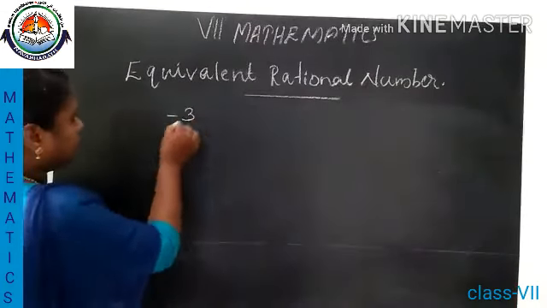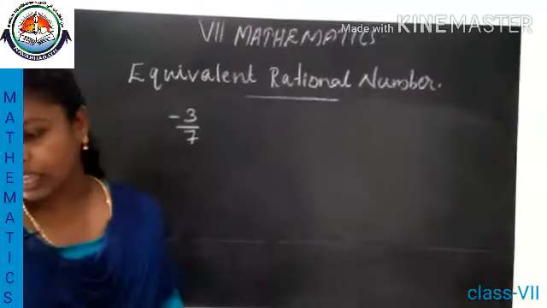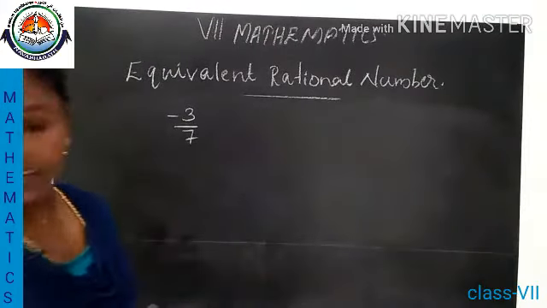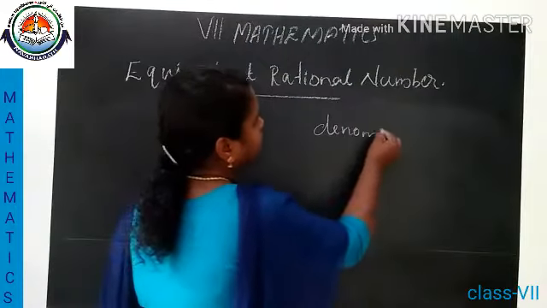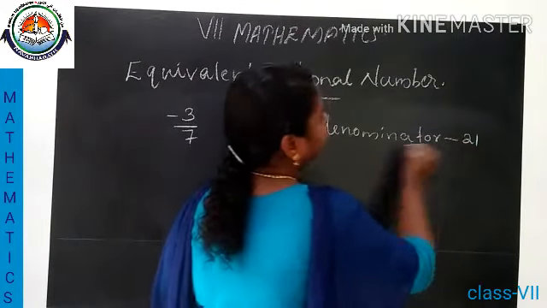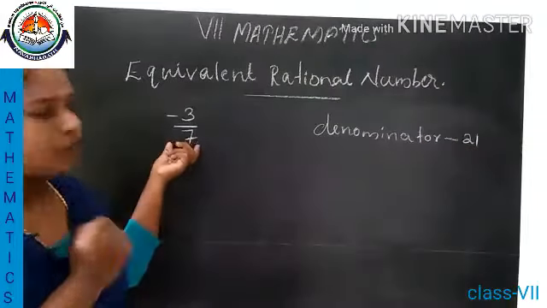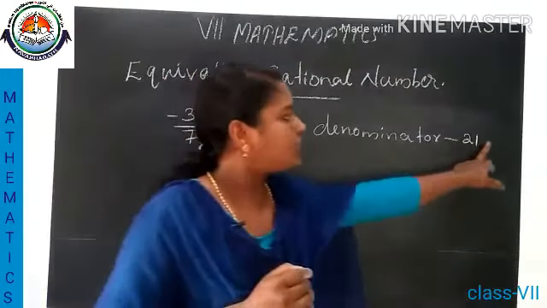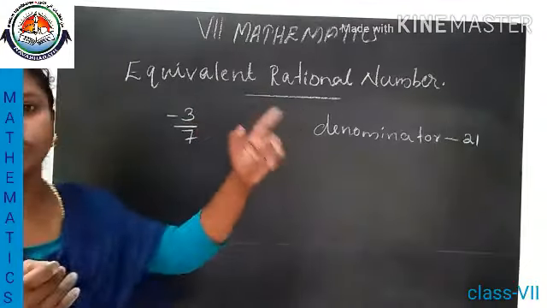We need to express this negative 3 by 7 as a rational number with denominator negative 21. So here the denominator is 7. We need to change this denominator 7 into negative 21. So how can we change 7 into negative 21?